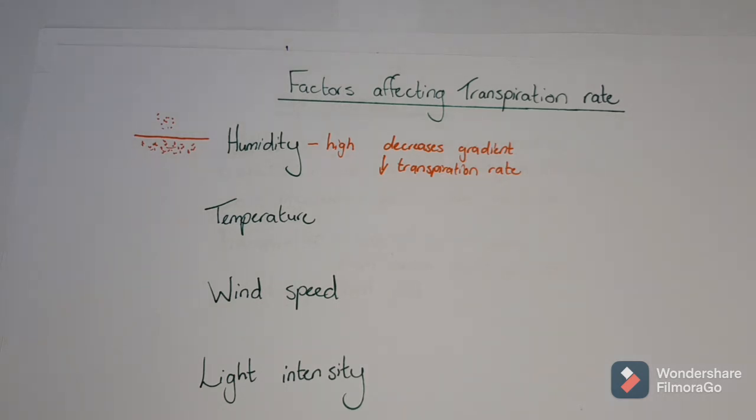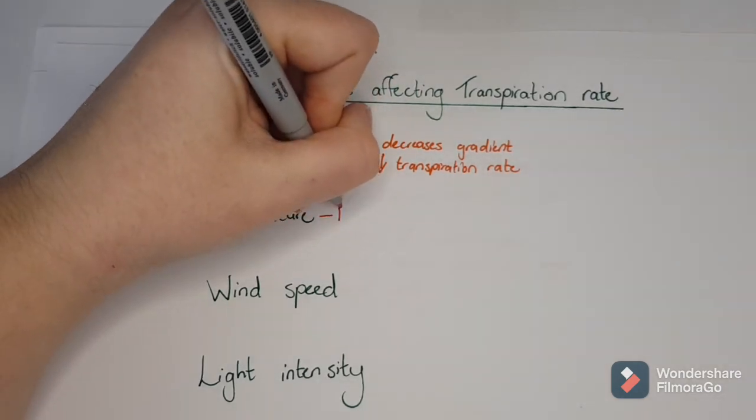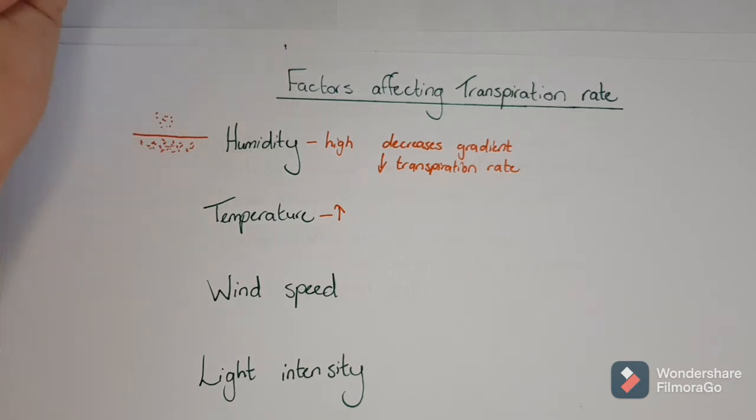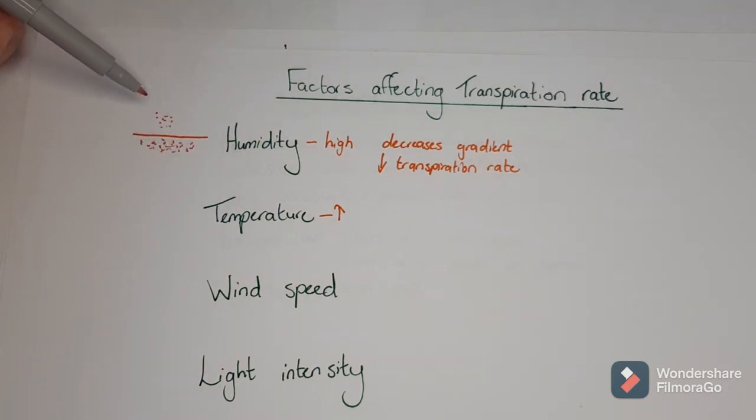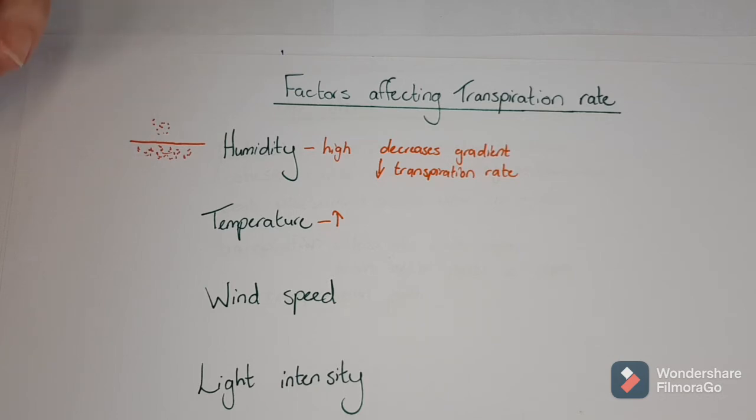Then temperature. If I increase the temperature and it becomes hotter, I am giving these molecules more energy to move. Because they have more energy to move, they are going to move out quicker.